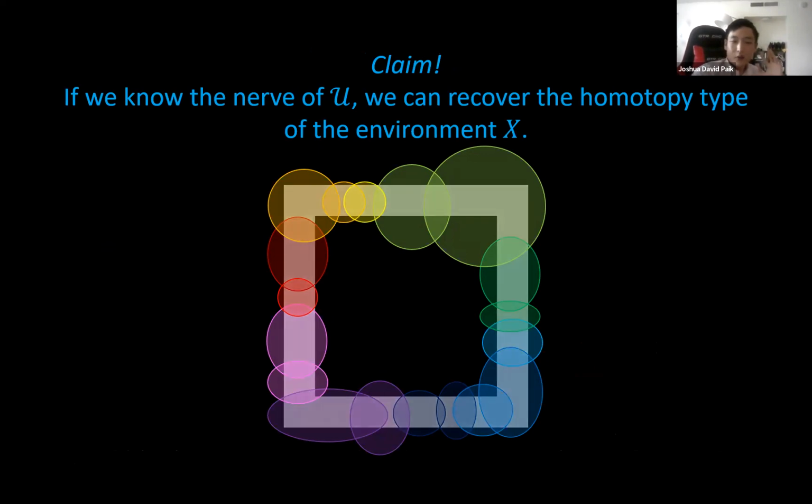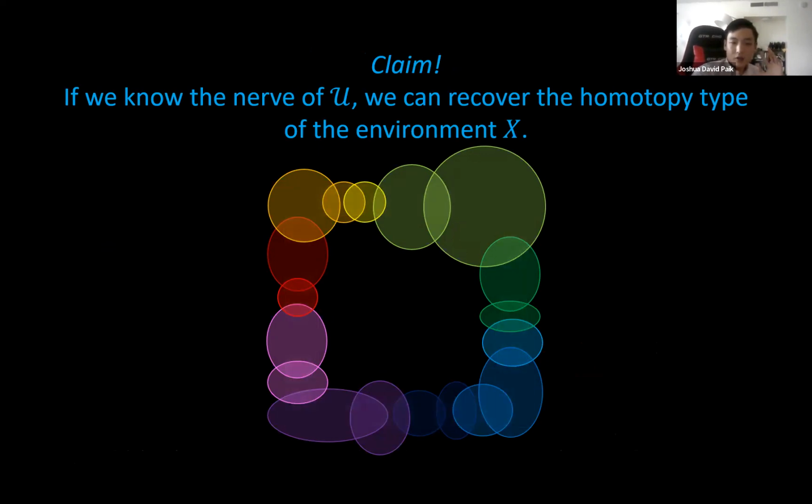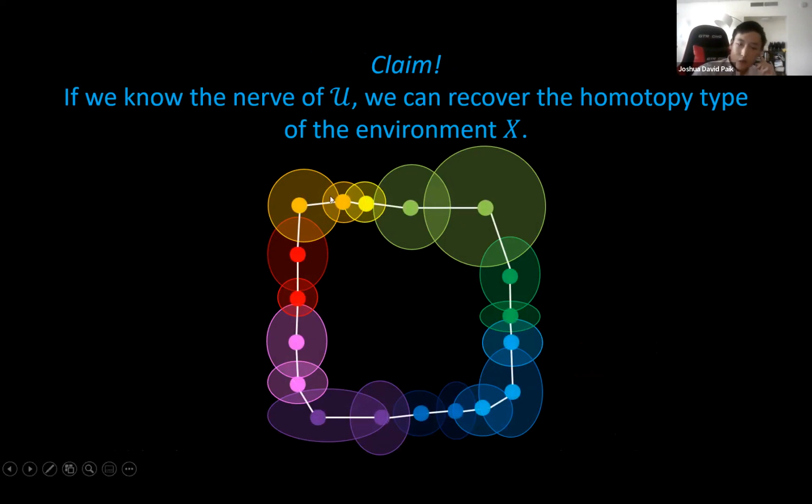Now we are going to associate a vertex to every part of the cover, and you see how this part of the cover and this part of the cover have non-empty intersection. We're going to use that to draw an edge between these two vertices. So now this induces a simplicial complex, and now we can do simplicial homology or something like that.